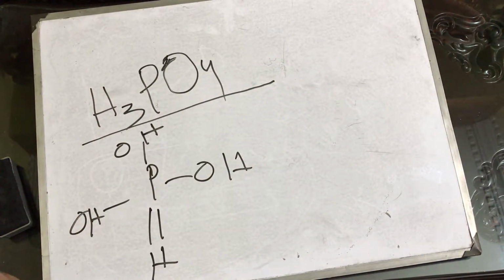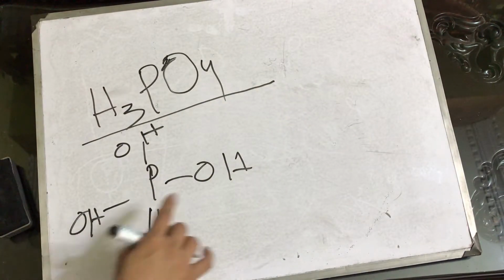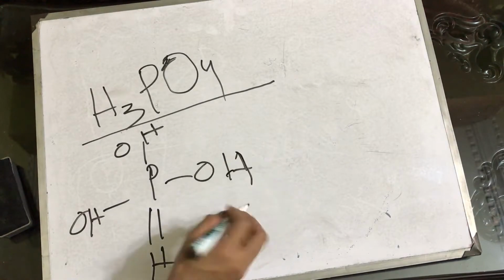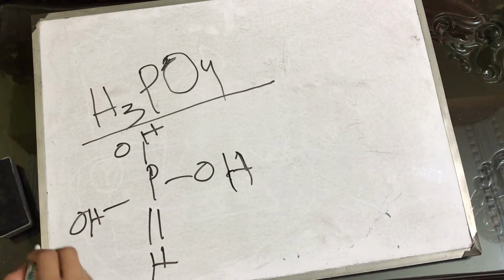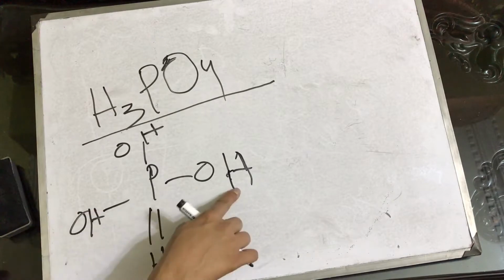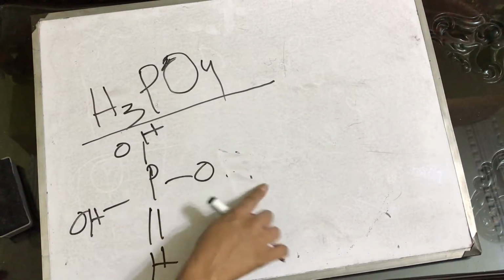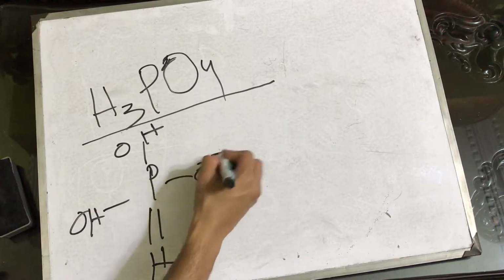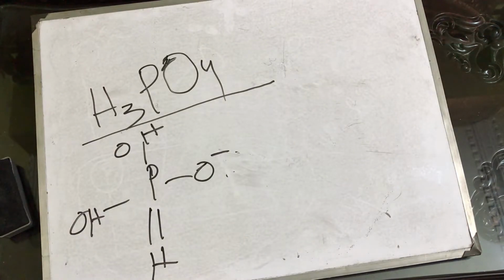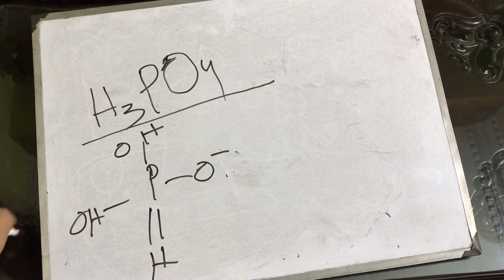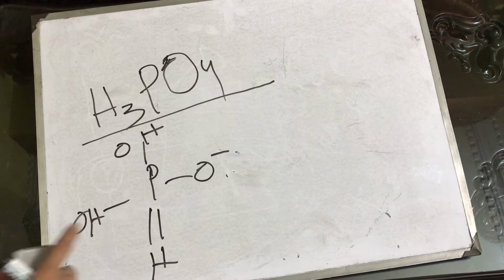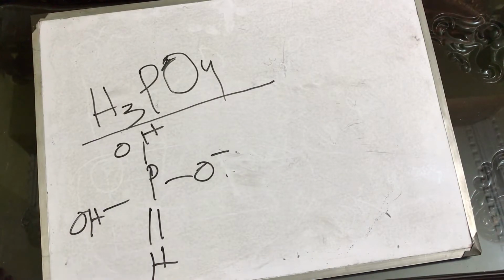Now, when phosphoric acid dissociates, since it's an acid, it will dissociate in water to give up a hydrogen ion. It becomes negative. Okay. Now, this is like trihydrogen phosphate.